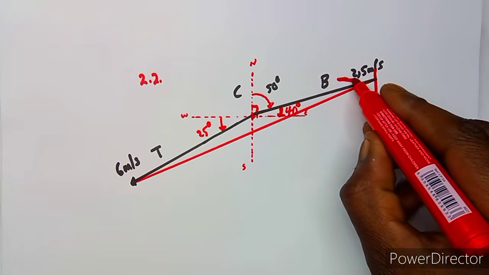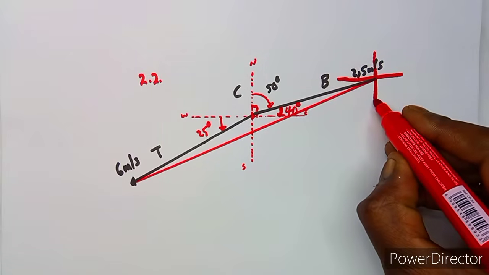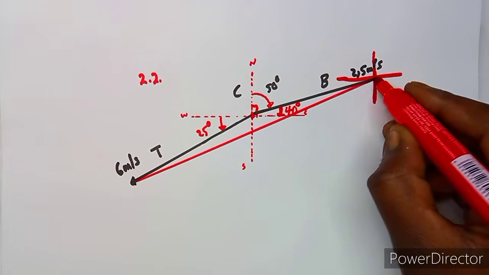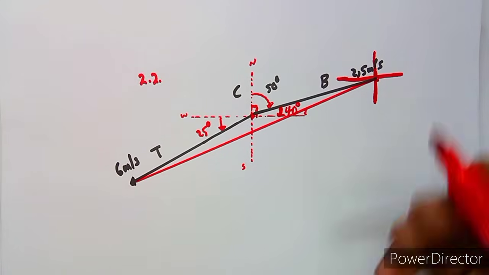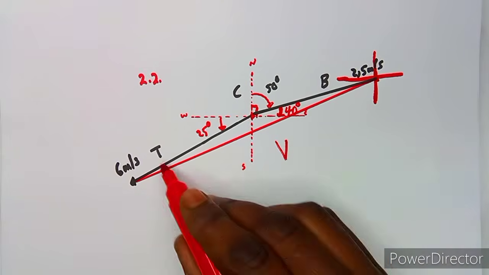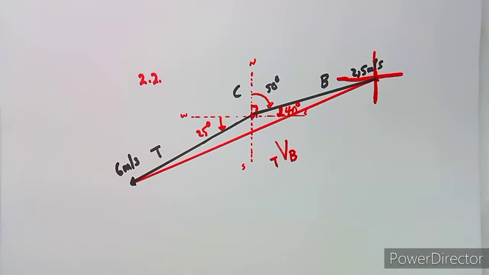I will explain later about this North Pole. You're going to take this point as your reference point. So this is Tuso relative to Bakang, and this is the resultant there.